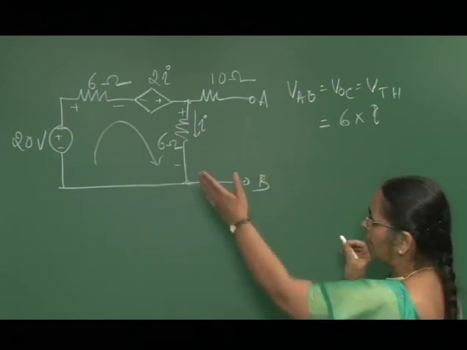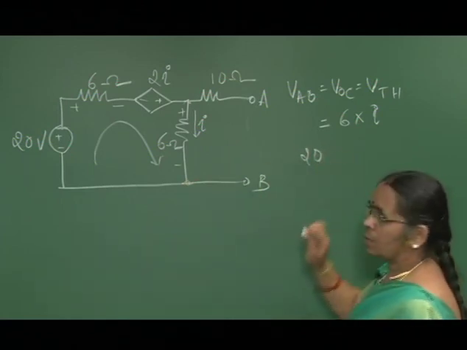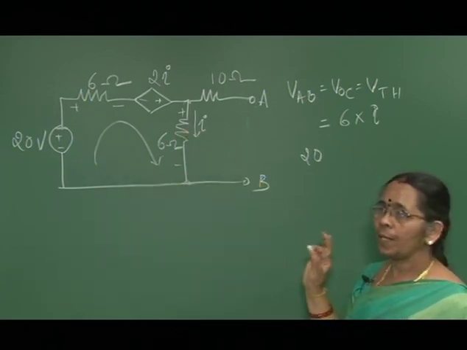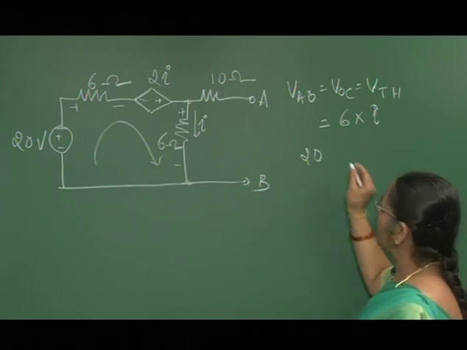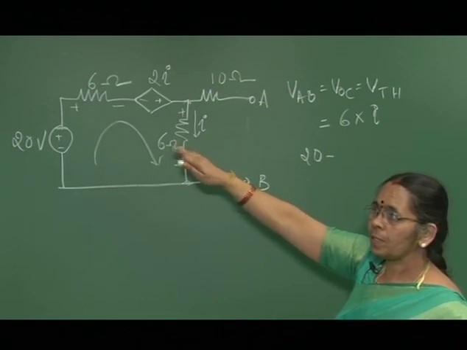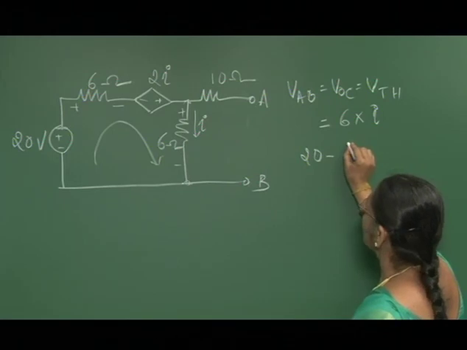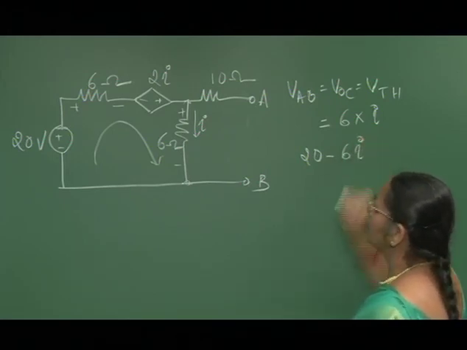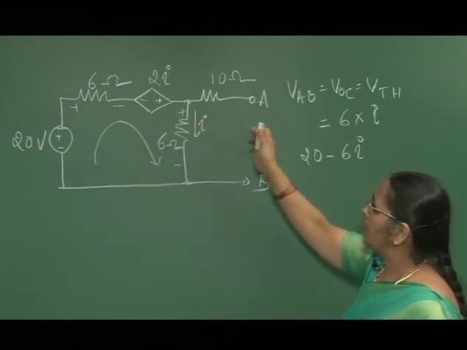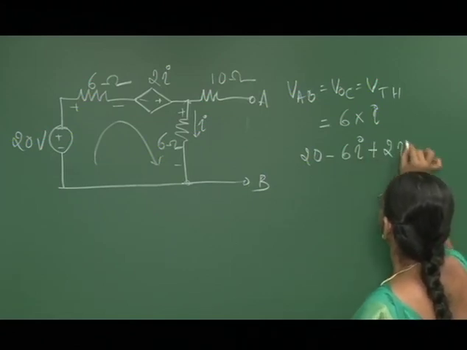Applying KVL to the network, we start with the 20 volts, an independent source, and we are moving from the negative to the positive end, which is a potential rise, so it is plus. Then the current flows from higher potential to lower potential for the 6 ohm resistor, which is a drop, so it is minus 6 into I. This is a source, and we are again moving from minus to plus, so it becomes plus 2I.